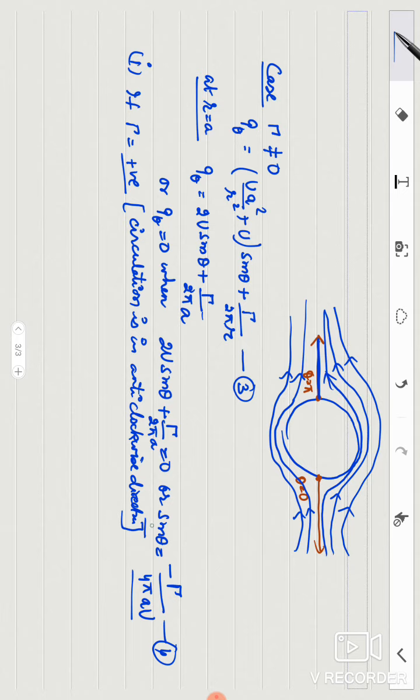Then, because sin theta is negative, the stagnation points will lie in the second and third quadrant. If this is your cylinder, no, I should draw it. I need some space to draw it.